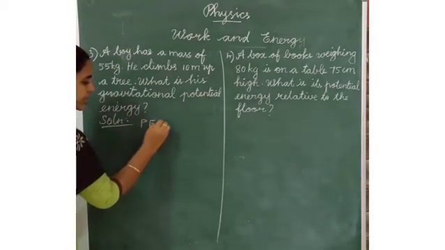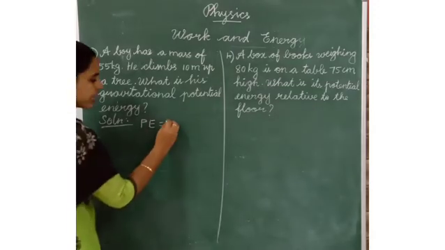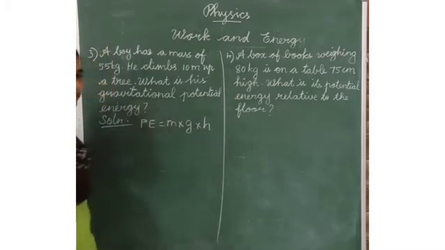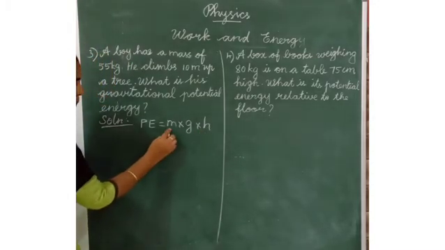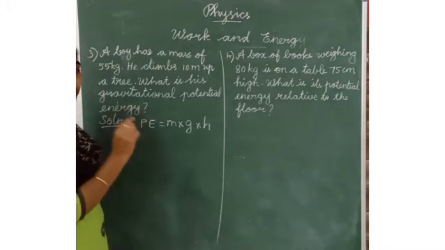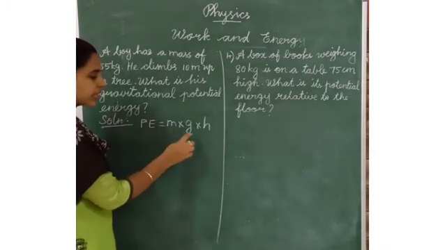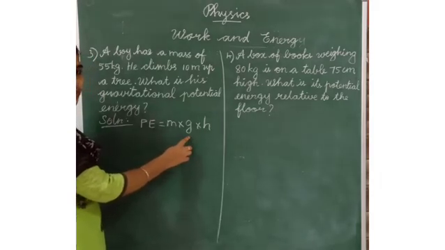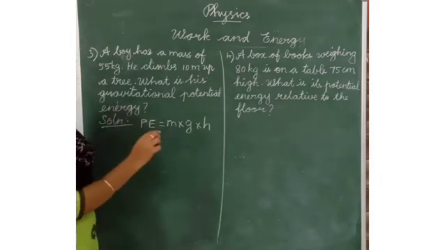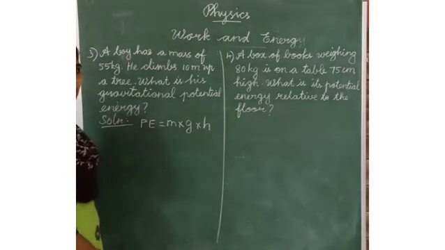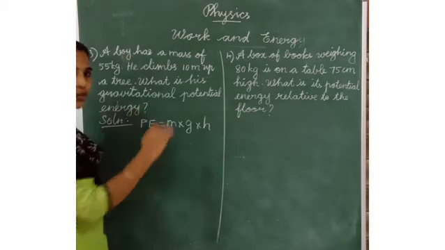PE is equal to m into g into h. M is the mass of an object in kilogram. G is the acceleration due to gravity. What is the value of g? 10 meter per second square.